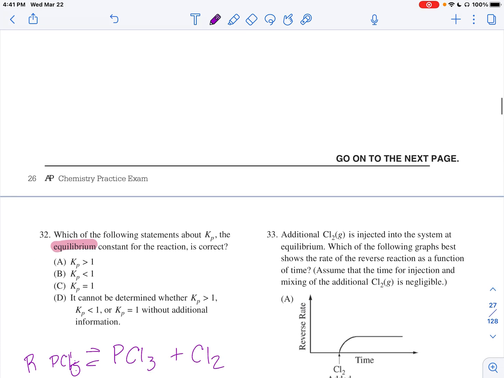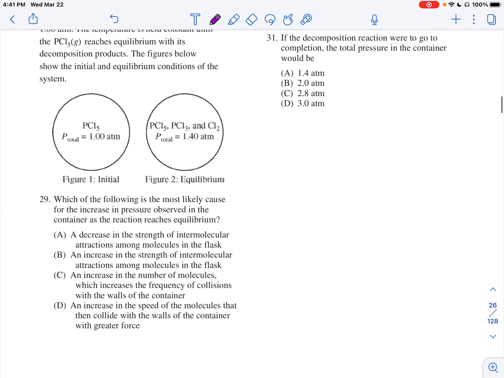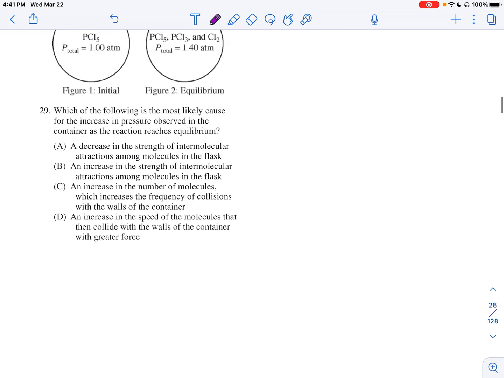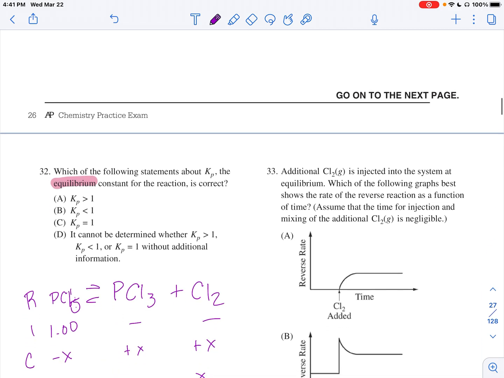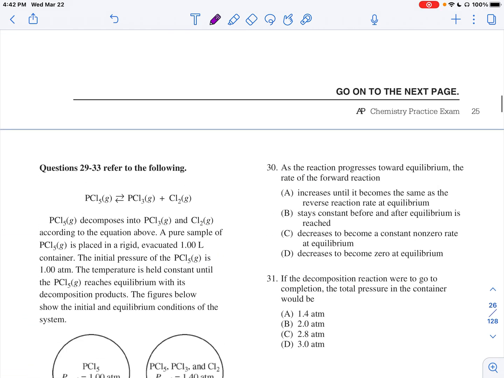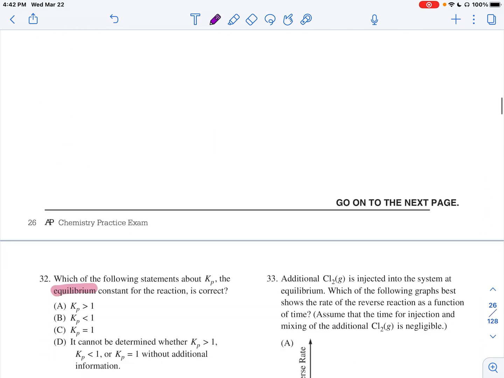So then somewhere it tells us that the equilibrium pressure is 1.4. Oh, we found that in number 31.